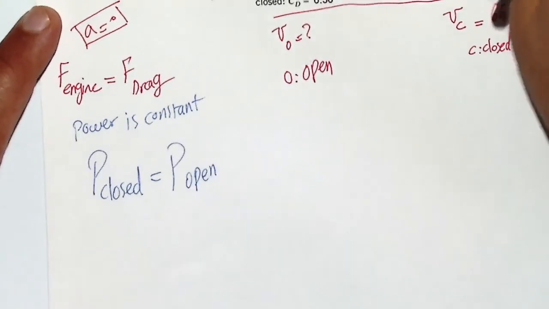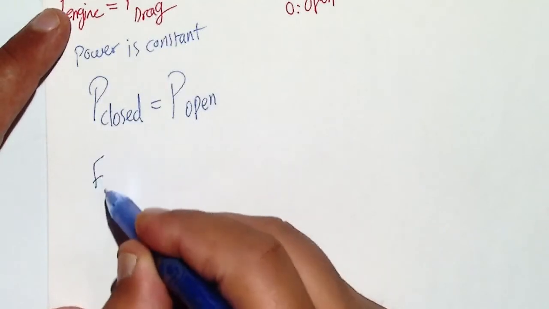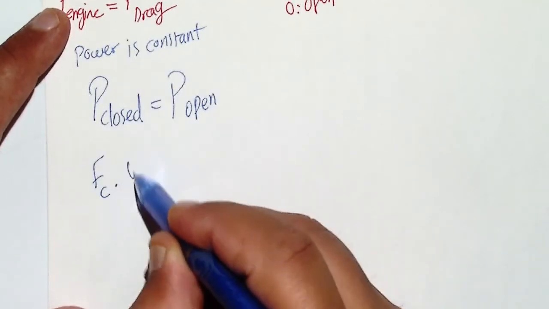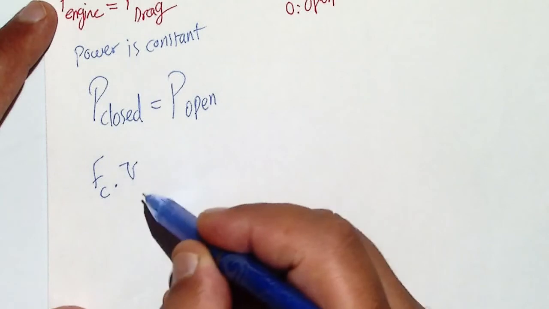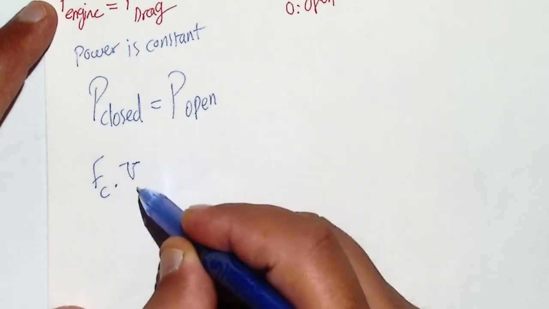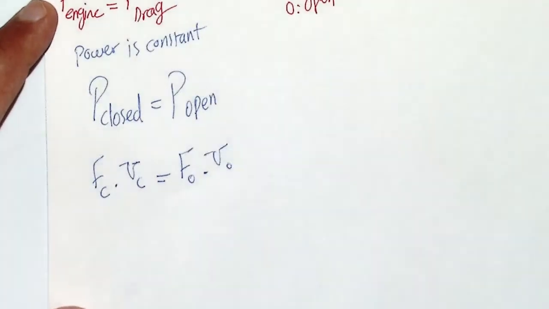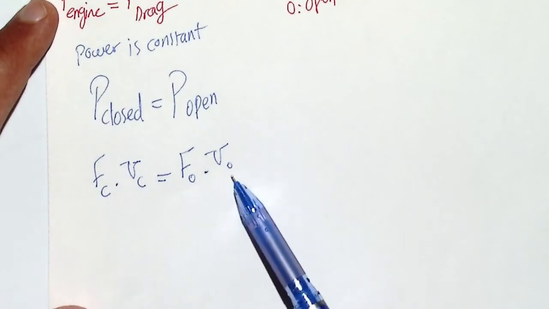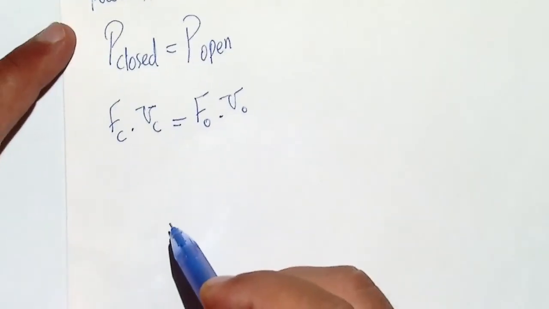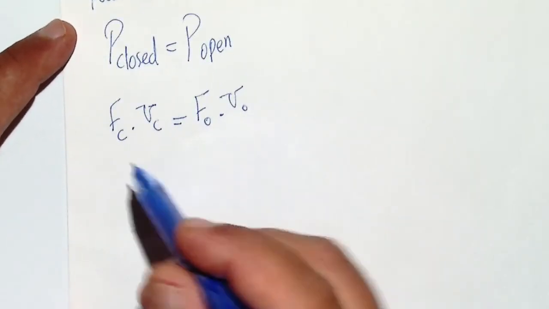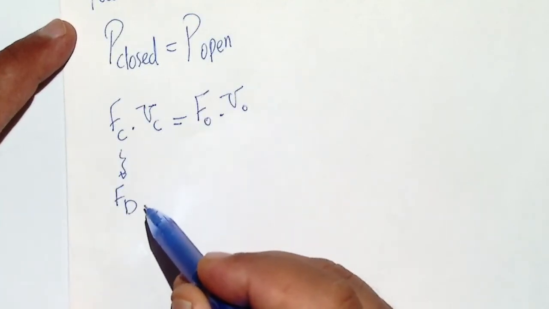Then if the closed power is the same as the open roof power, then F_C times U_C, where F_C is the force from the drag and engine, the force balance, times the velocity of the closed one, has to equal F_O times U_O. That's the velocity of the open one and the force of the open one. So F_C is the engine force, and the force balance shows that this is going to be your drag force on the open one.